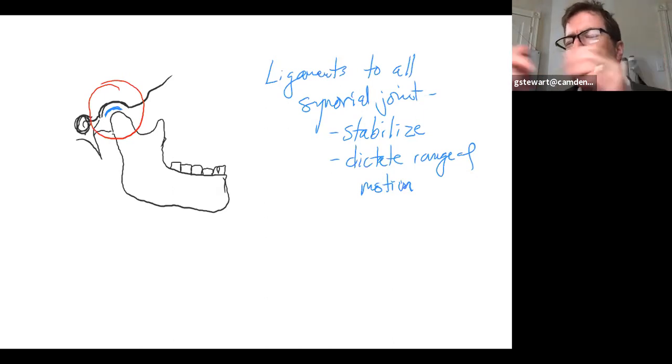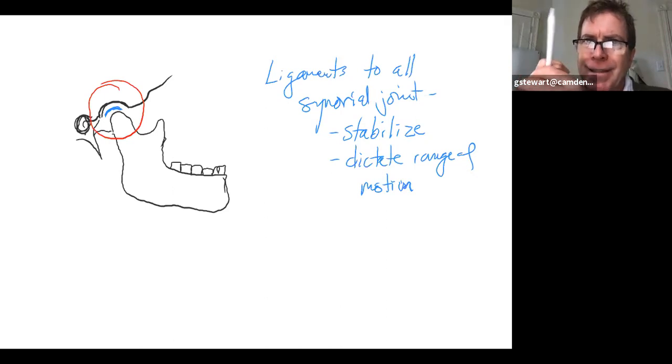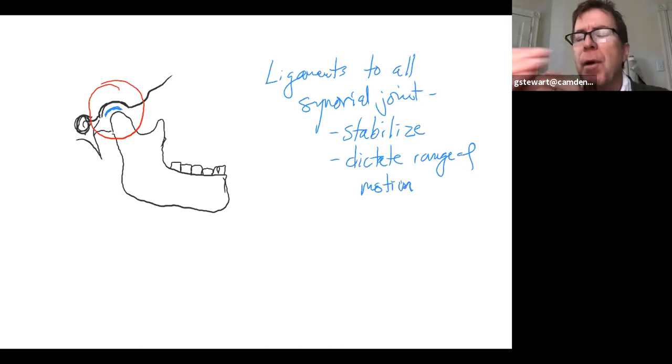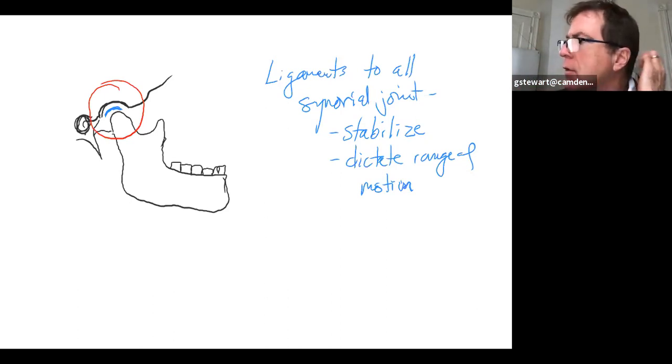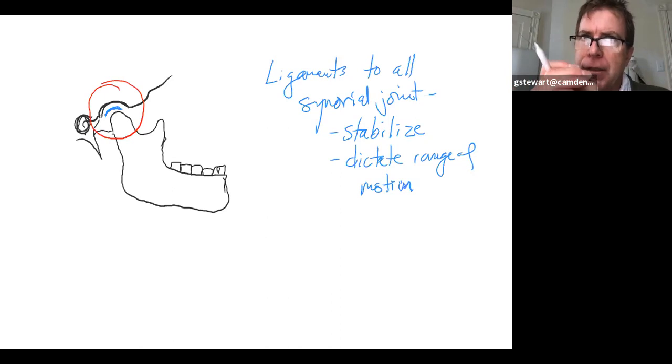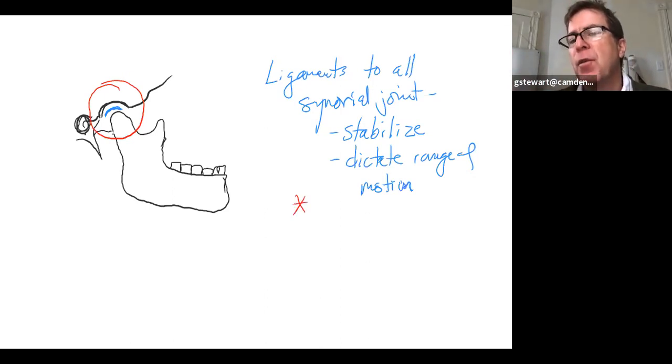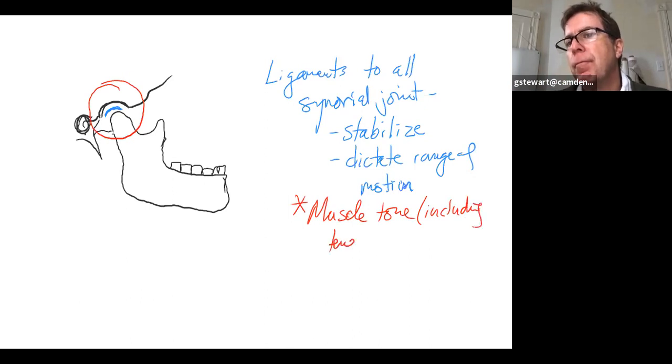The other things in the human body that dictate and limit range of motion are the shape of the bones themselves, as well as musculature. Muscle tone stabilizes joints even more than ligaments do. So the largest factor, I know I've said this, but it's worth saying, and I'm definitely going to expect you to know this for the quiz, is that muscle tone, including tendons, tends to stabilize synovial joints more than any other factor.